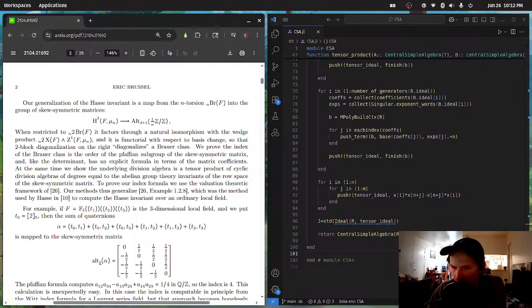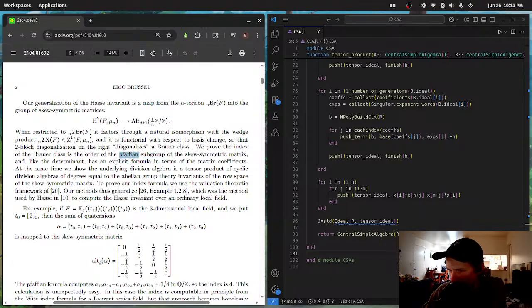So we prove that the index of the Brauer class is the order of the Pfaffian subgroup of the skew symmetric matrix. I don't think this is supposed to be subgroup here. The order of the Pfaffian. Oh no, it probably is. It's probably like take the Pfaffian.